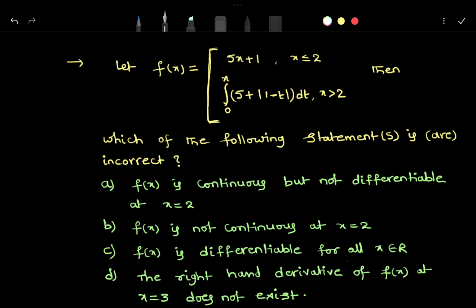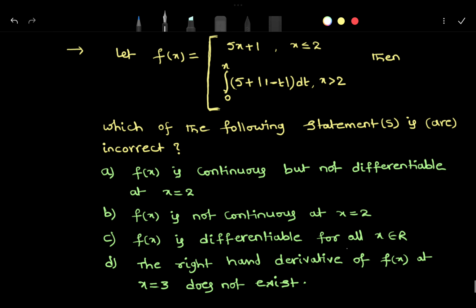Okay, so first in this question we have to simplify the integration from 0 to x of 5 plus modulus of 1 minus t dt when x is greater than 2. So first of all we will simplify this one.